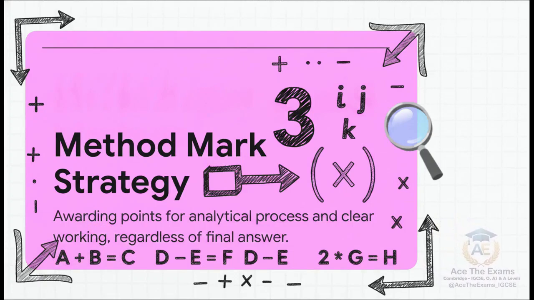If you clearly write out 3 multiplied by the vector quantity 2i minus 4j plus k, and then show the intermediate step of 6i minus 12j plus 3k, you have completely locked in the method mark. Even if, for some crazy reason, you accidentally write 6i minus 12j plus 4k on the final line because of a silly arithmetic slip at the very end, guess what? You lose the final accuracy mark, sure, but you keep the method mark. You stayed in the game, you hedged your bets perfectly.